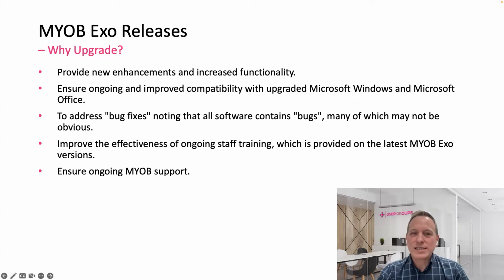One of the first is the significant enhancements and increased functionality that come out with those releases. We heard Ronnie and Jason talk earlier about the importance of iterative evolution, of embracing innovation within our organizations around our processes. A great way to achieve that is by taking advantage of some of the new features available within your software.